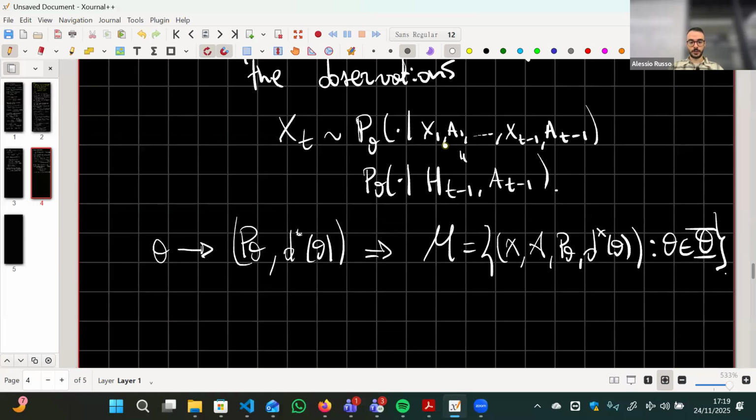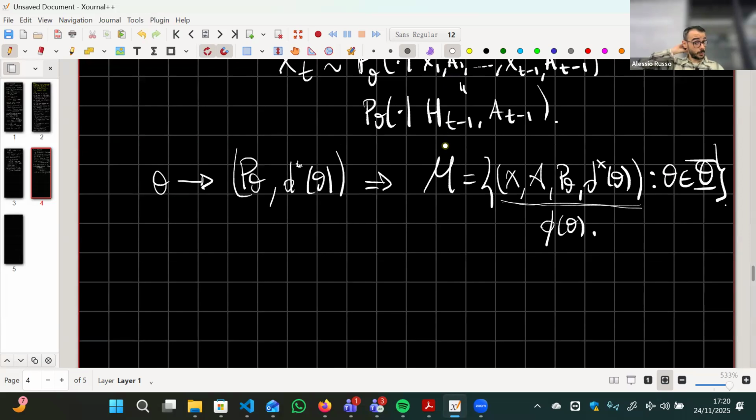We also define the set of possible models, given by the variation of theta in big Theta of this tuple that is a function of theta. We could also call this tuple simply phi of theta. So now the problem is to define the probability measures over the trajectory space and also the posterior distribution, because we are working in the Bayesian case now.